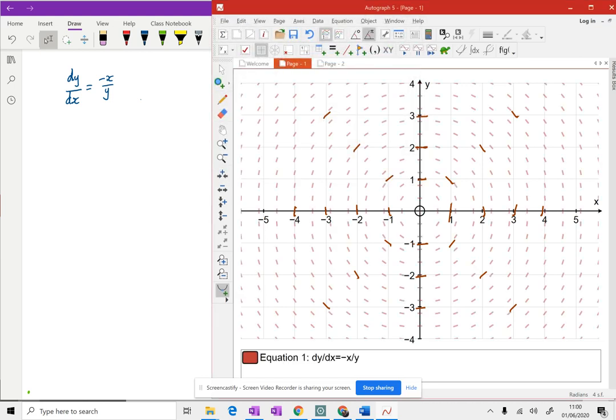You can see that all the little compass needles that I drew fit well with what's going on here.